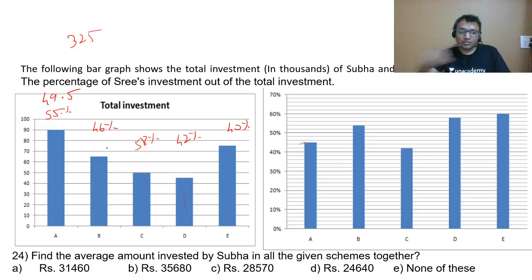Then 65, 40% will be around 26. 58, 50% will be 29. 42, 45% will be 21 minus 2, 19 approximately. 75, 40% will be 30.